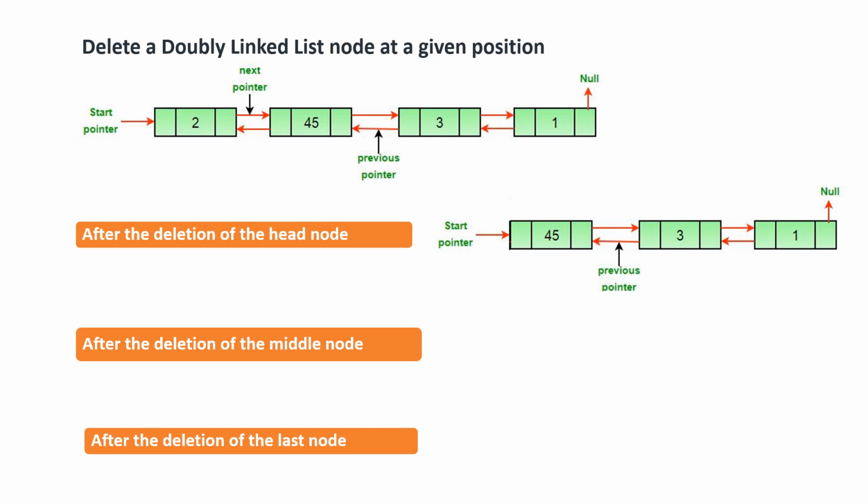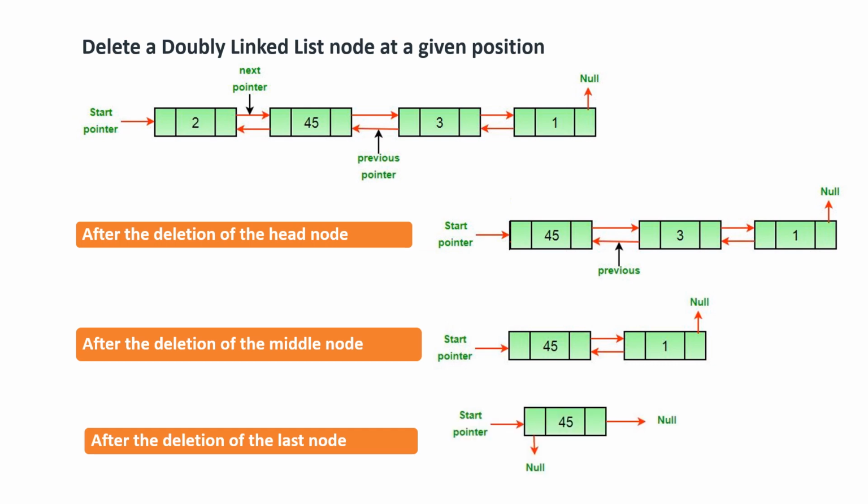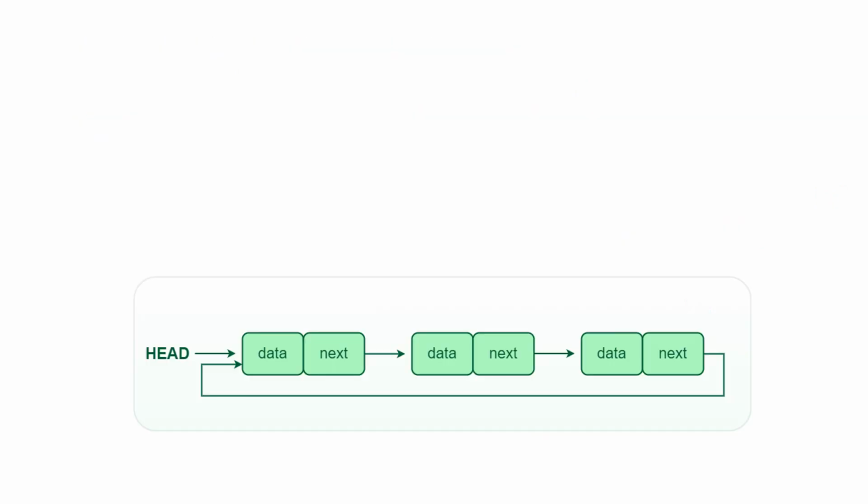The pointers will change like this, and then after the deletion of the middle node, that is node 3, the linked list looks like this with the pointers. And then after the deletion of the last node, the node 45 alone remains with the pointers.